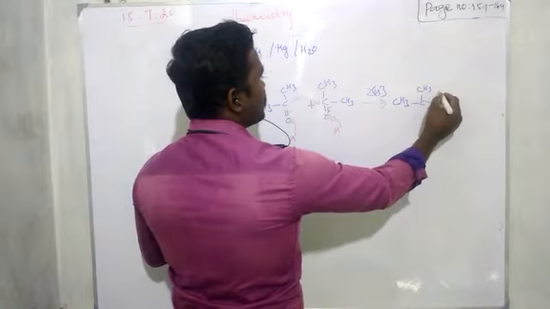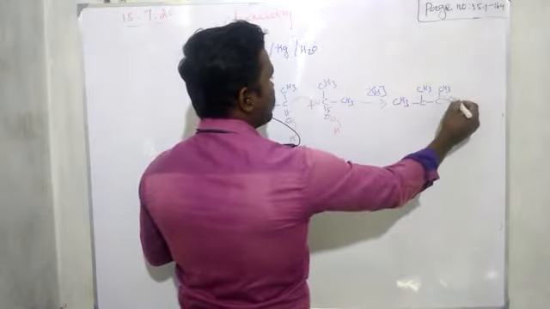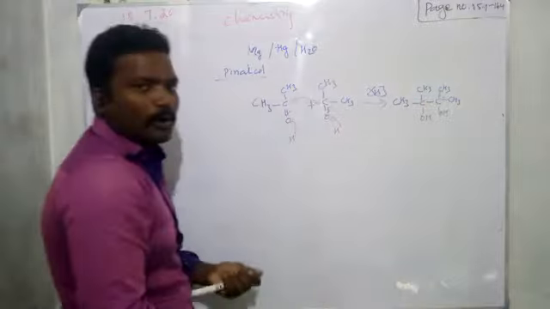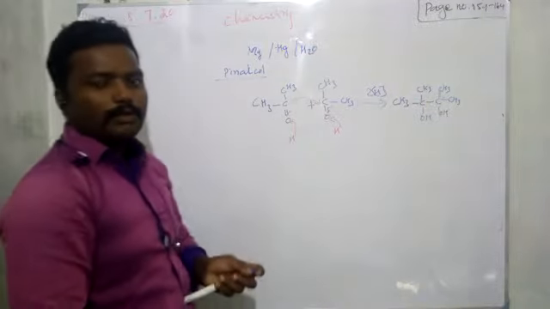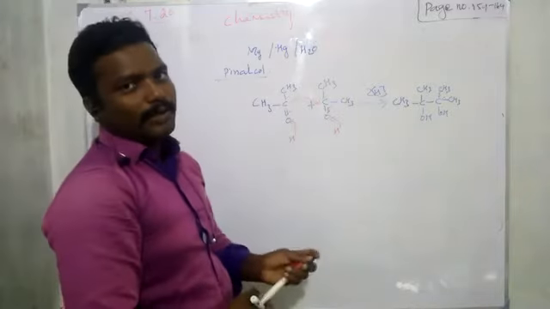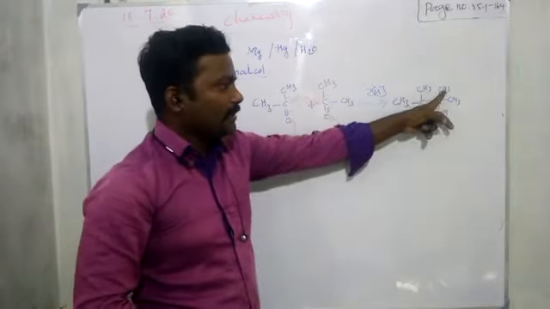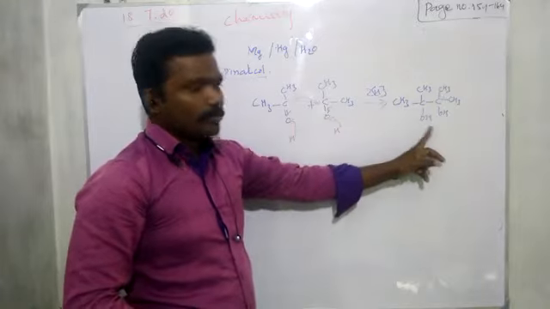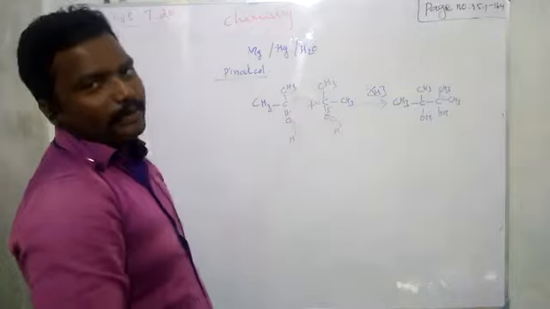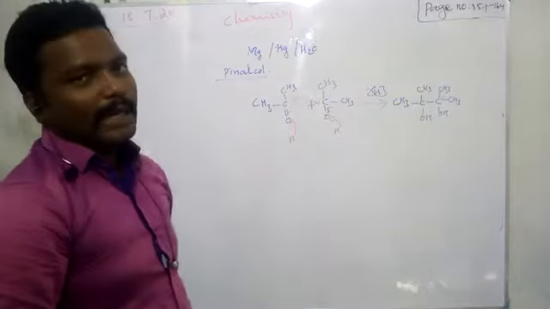CH3, CH3, OH. This is also called 2,3-dimethyl-2,3-dihydroxybutane or 2,3-dimethylbutane-2,3-diol, all IUPAC names. This is also called phenol.